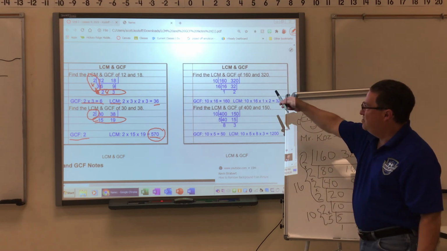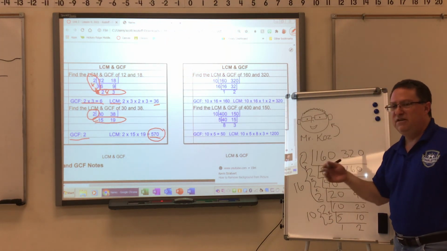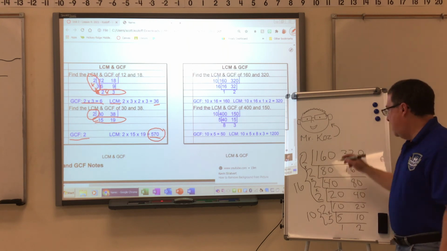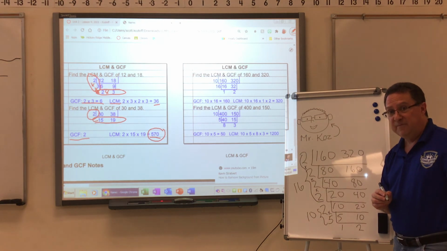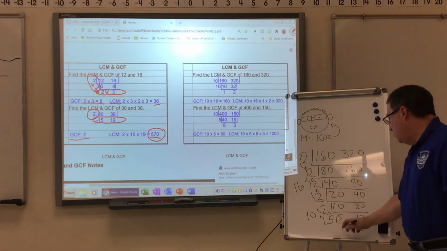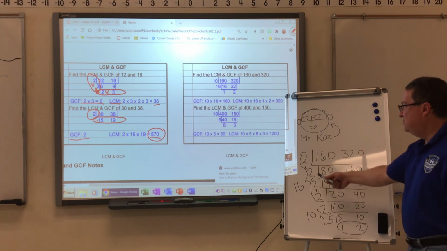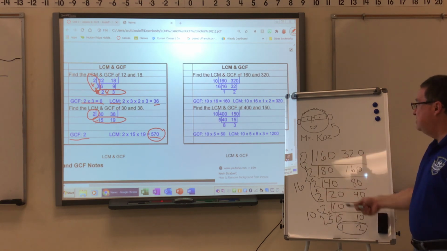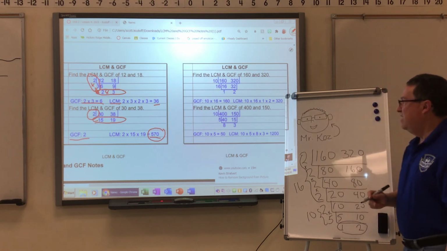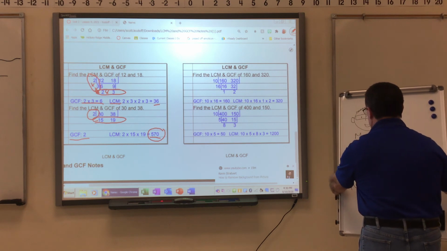And that's where you show the 10 and the 16. But until you have learned to use prime numbers, I'd rather you do this the long way so you don't miss one. Okay? And then, of course, I also have the 2 at the bottom. So my GCF is 160 times 2 is 320. Okay? I hope that makes sense for you.